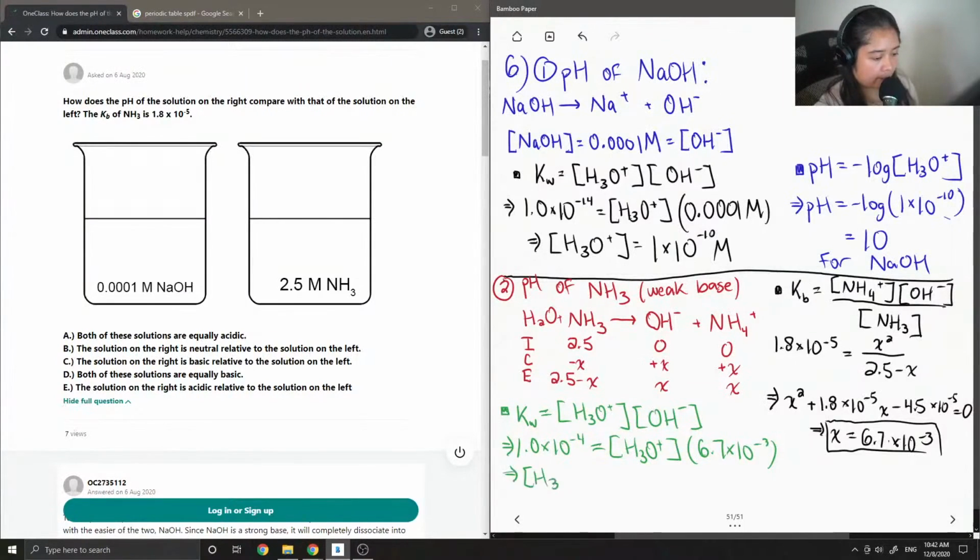And we get a concentration of H3O plus that's equal to 1.49 times 10 to the negative 12.